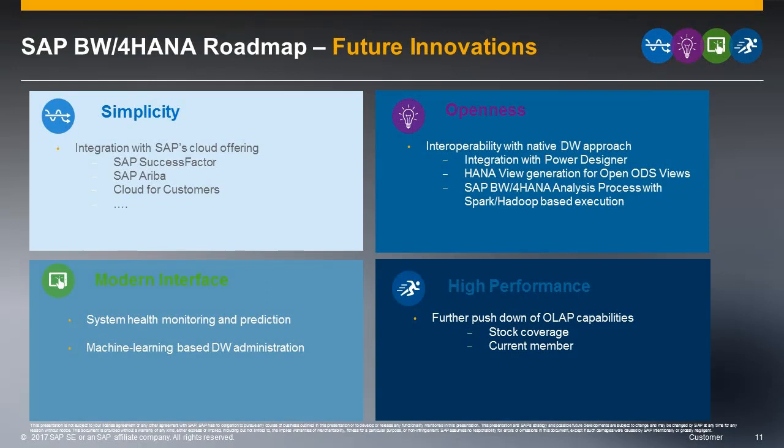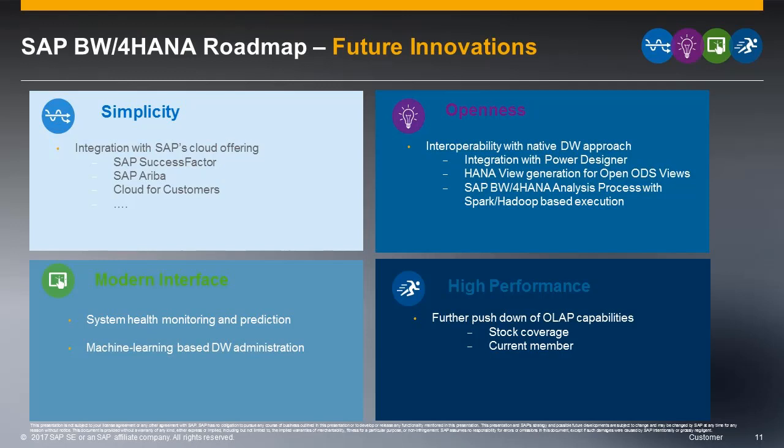There's going to be one tool that we can use to monitor both systems with obviously the same interface. Further discussing the performance perspective, again, the push down of OLAP capabilities. Now we're talking about top end and bottom end analysis.